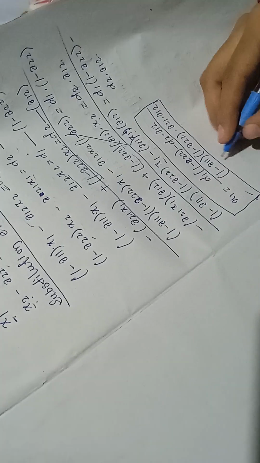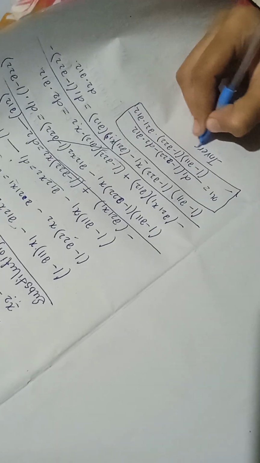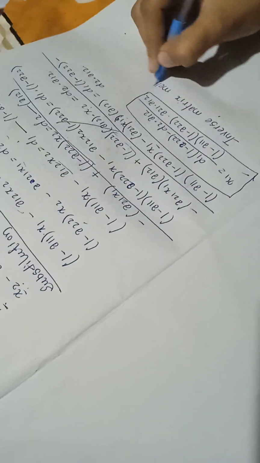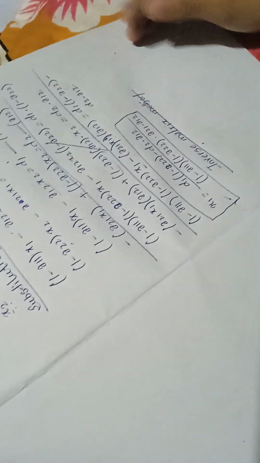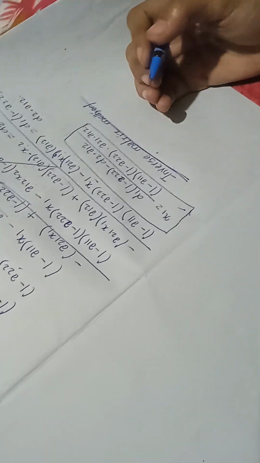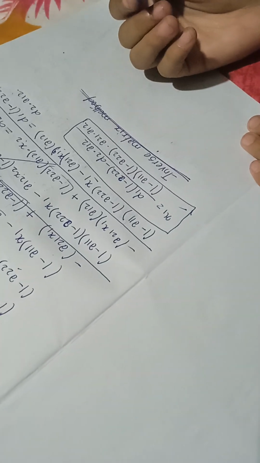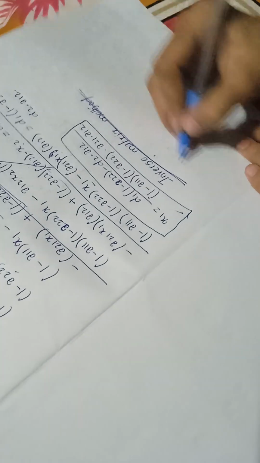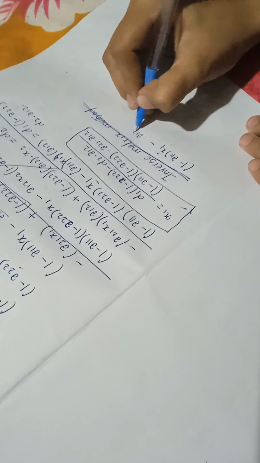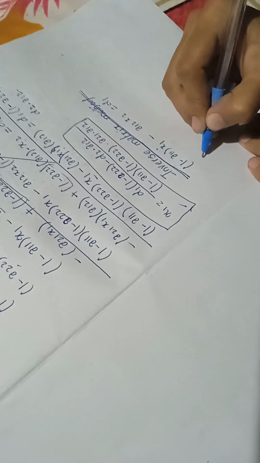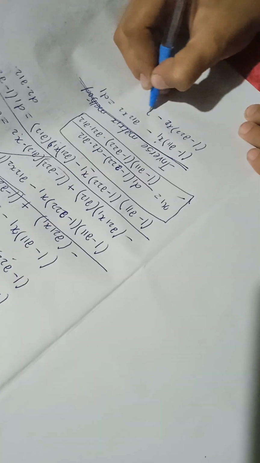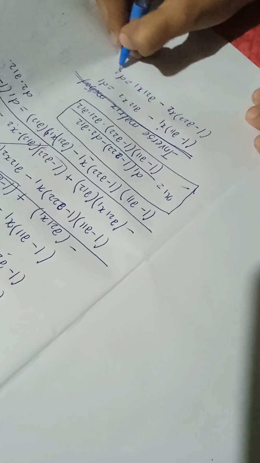Now we are doing the inverse matrix method. For the inverse matrix method, we have the formula (1 minus a11) x1 minus a12 x2 equals d1. Similarly, (1 minus a22) x2 minus a21 x1 equals d2.